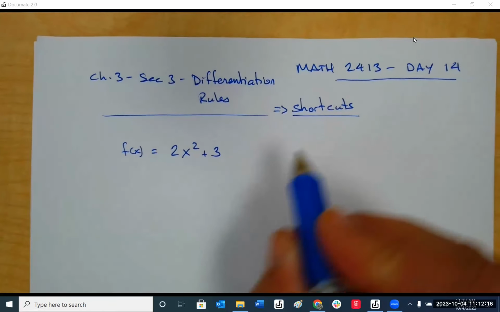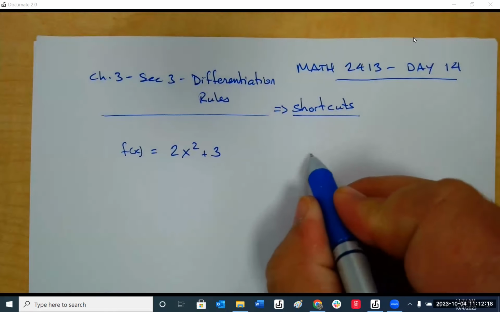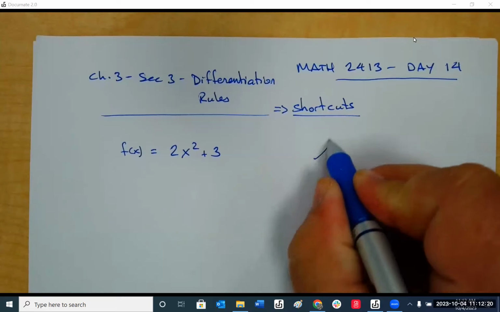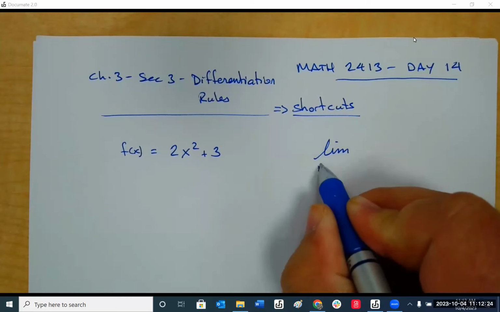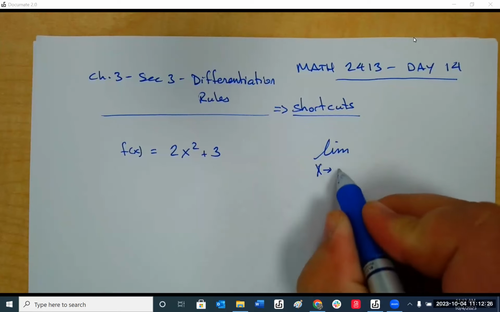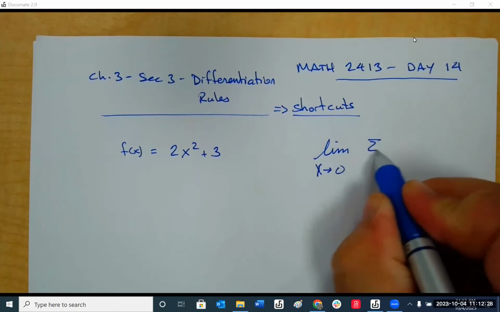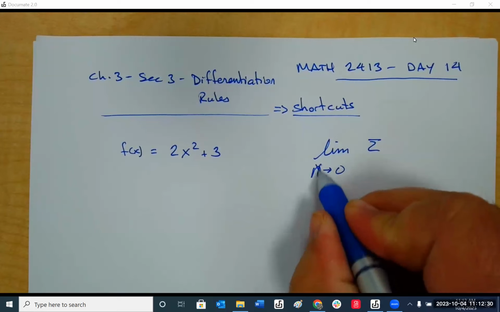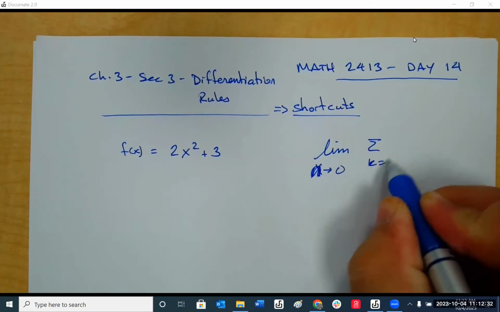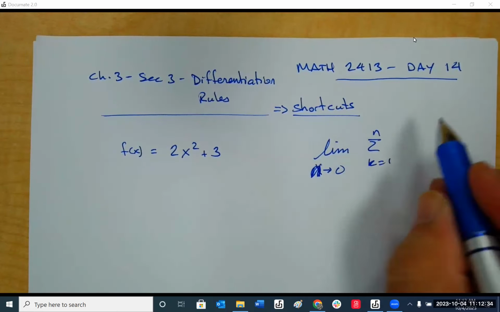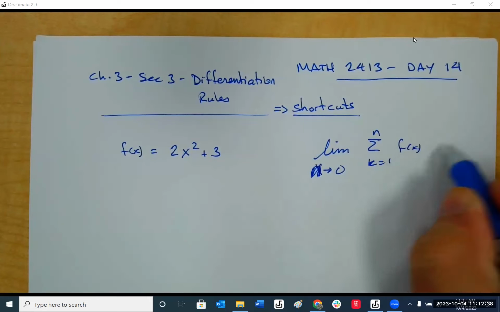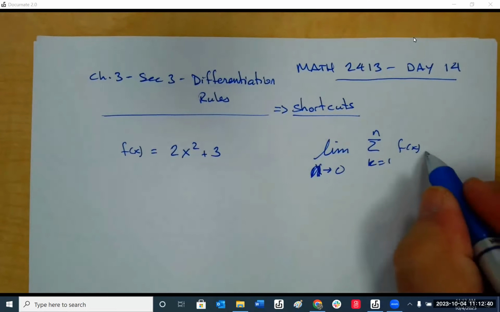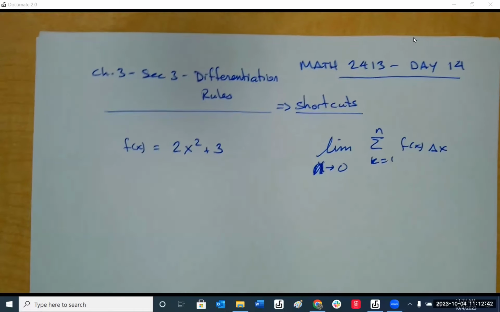So then we talked about the Riemann sum, where we had the limit as n goes to infinity of the summation, k equals 1 to n of our function times delta x.